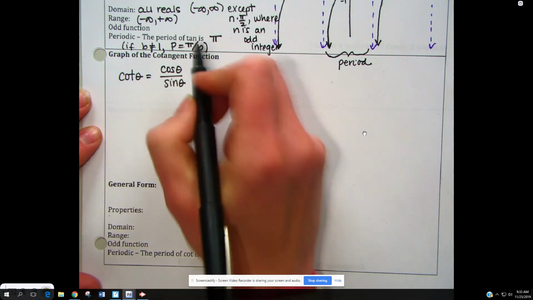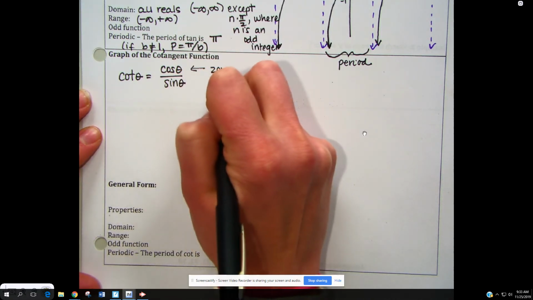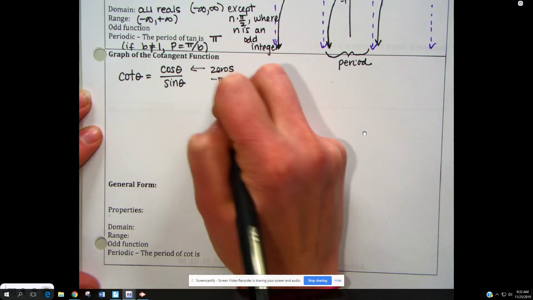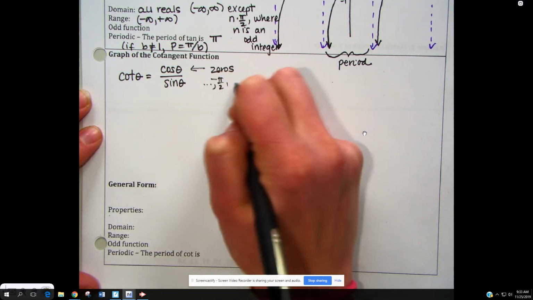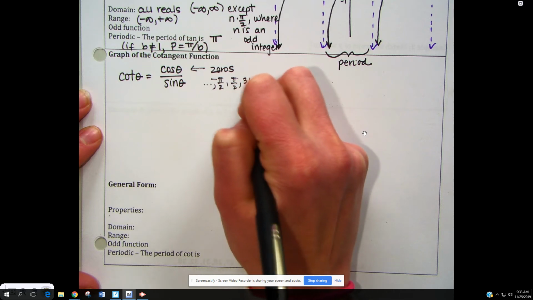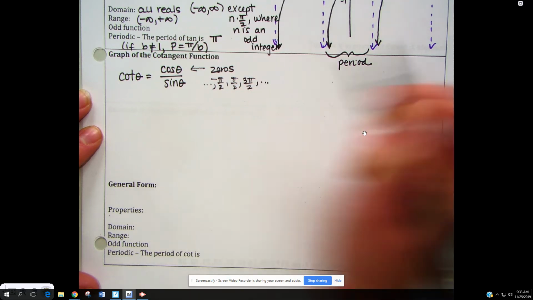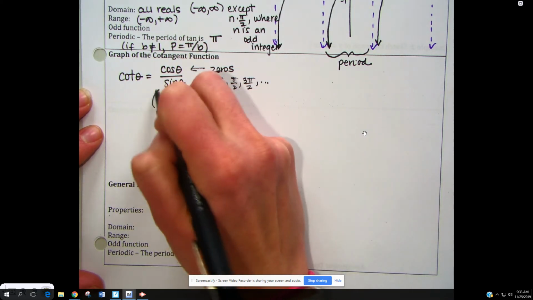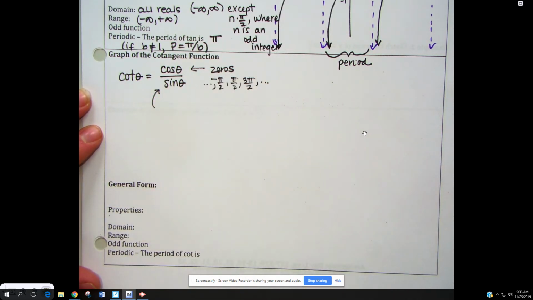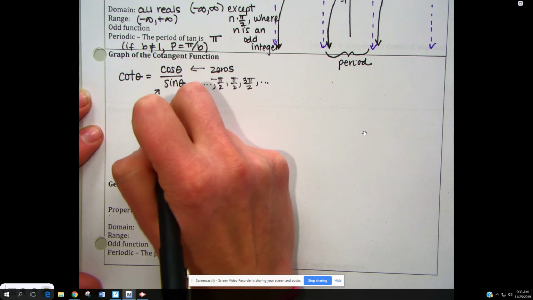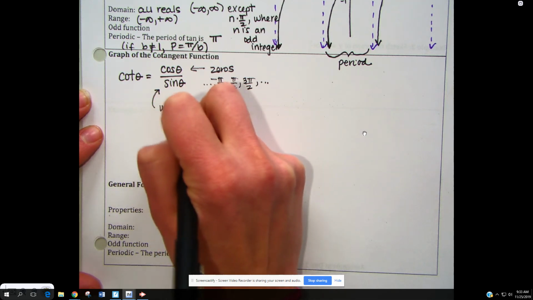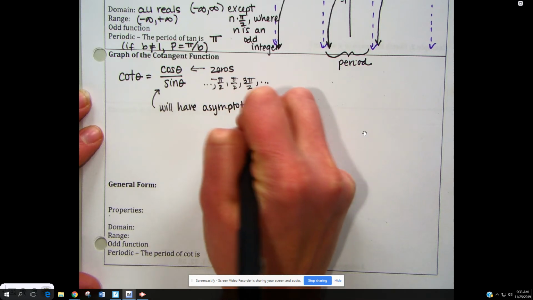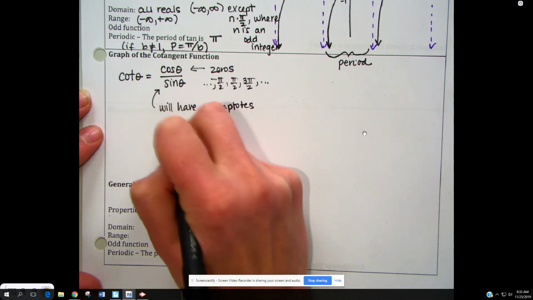So what's going to happen is that our zeros are now going to come from our cosine function at negative pi over 2 and pi over 2 and 3 pi over 2. Everything that was an asymptote for the tan becomes a zero for the cotan. And the sine function is what's going to determine our asymptotes, right? We'll have asymptotes every time sine of theta equals 0.